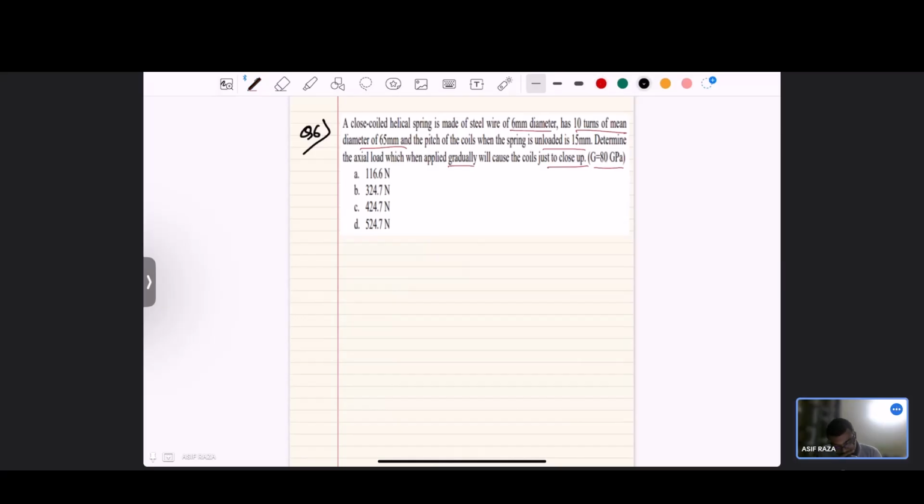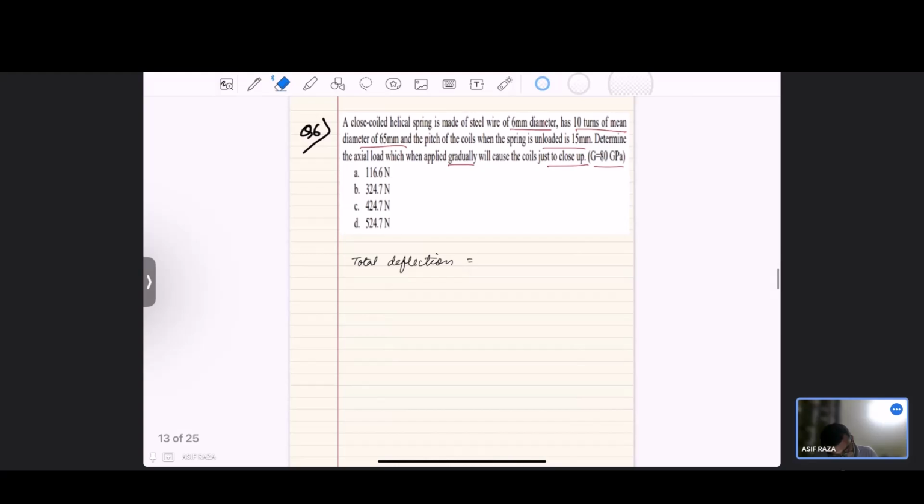So deflection, total deflection would be when it gets closed up, right? Total deflection would be 10 times the pitch minus the diameter.